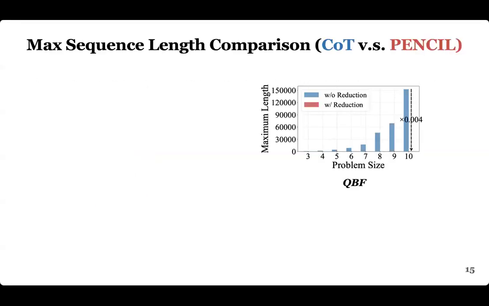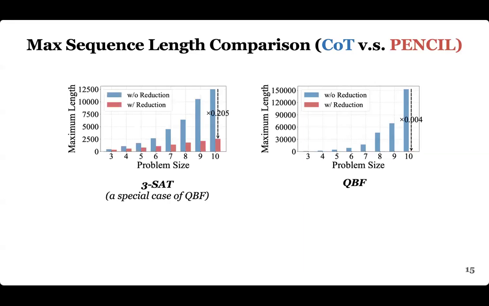And maybe when the size of the problem is not too large, the difference is not so significant. But when the size of the problem becomes very large, for example 10 different variables, the maximal context length comparison between chain of thought and Pencil is very dramatic. The difference is like 0.004.